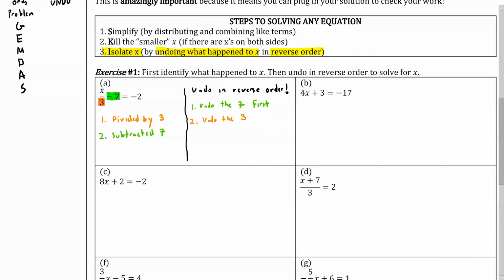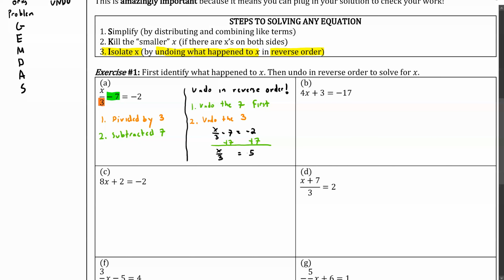So here's what this will look like then. Here's my original problem. First, we undo the subtraction by 7 by adding 7 to both sides. So this gives me x over 3 equals 5.